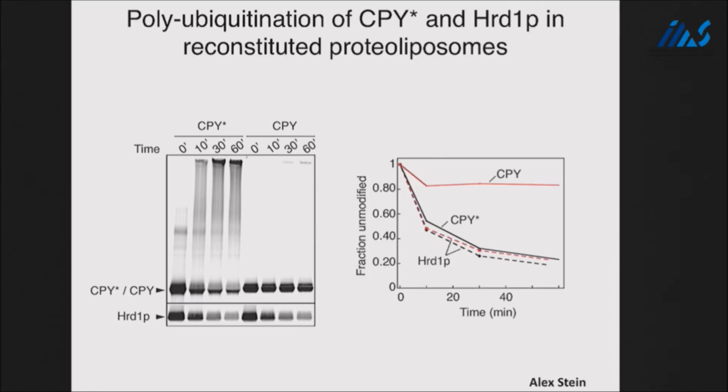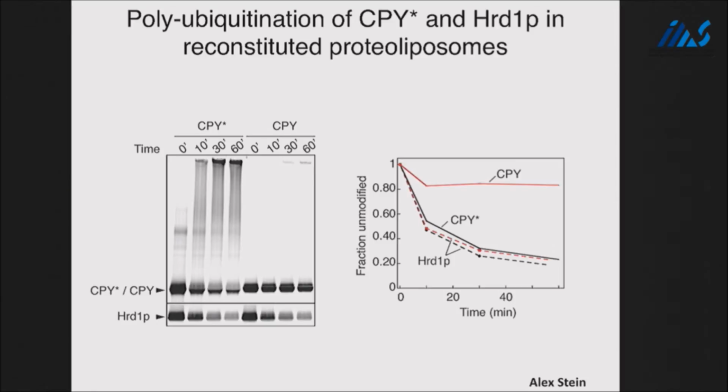So basically what you do is you take the complex of HERD1 and CPY star, mix lipid, and then remove the detergent. And so you spontaneously form vesicles that contain the complex. And if you do the ubiquitination reaction, you see again that with CPY star we get ubiquitination. With the Y type we don't, because the Y-type protein doesn't bind to HERD1.